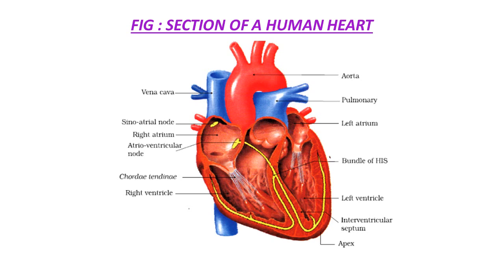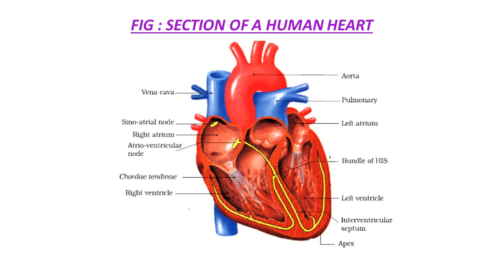Deoxygenated blood is emptied into the right atrium through the superior and inferior vena cava, you can see here, and then it passes through the circulatory system, enters the lungs and becomes oxygenated, and further it is provided through the main aorta to each and every body part.